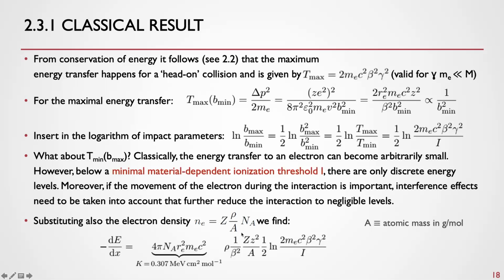And here it tells you that these are incoherent scattering events. The heavy particle interacts individually with one electron and the next electron. There's no coherence between the electrons, otherwise it would be C squared. So this linear dependence on the atomic number is very important and is different for other processes of heavy particles in matter.